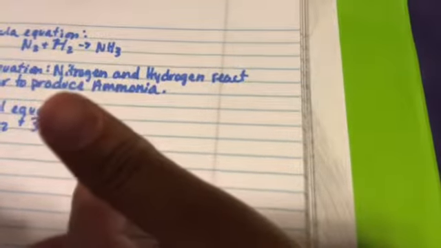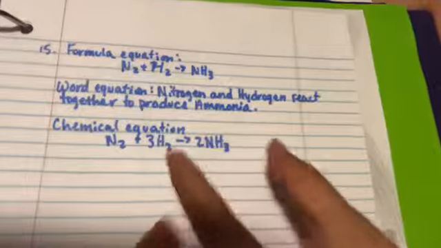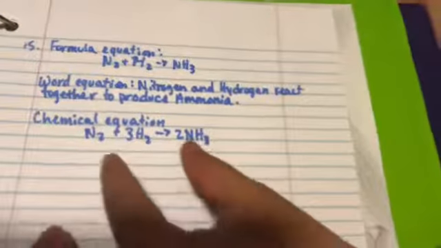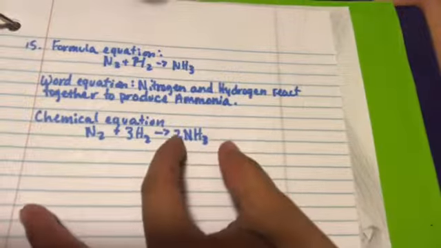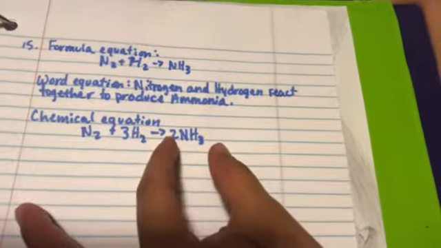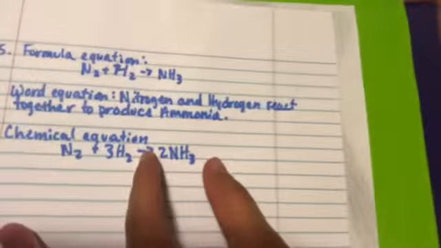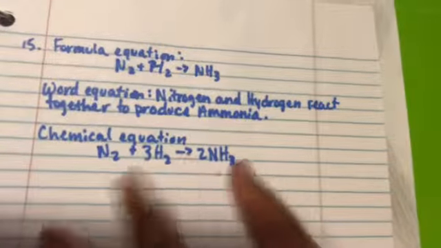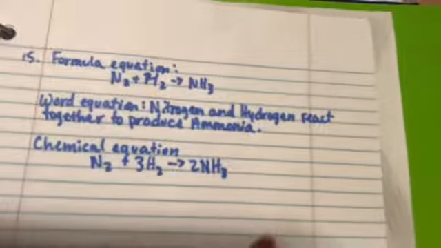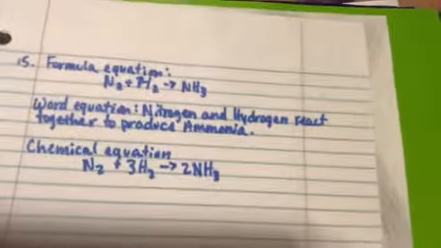The only difference we see here is that we're going to need 2 of the ammonia in order to have a balanced equation right here. And then also to mention that NH3 is ammonia, and it's one of the most common compounds that we have to memorize because it has a special name for itself.